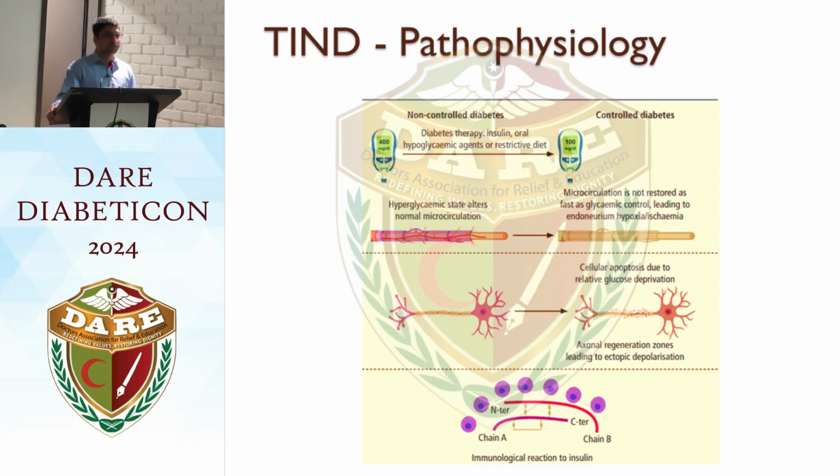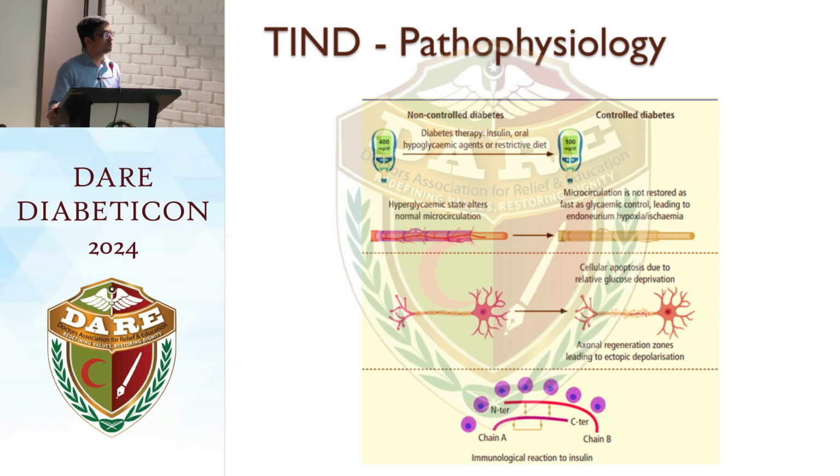For the pathophysiology of treatment-induced neuropathy in diabetes, there are postulations. The first is that microcirculation abnormalities do not get corrected with glycemic control, so there is a discrepancy between the epineural and endoneural oxygen supply that leads to endoneural ischemia.